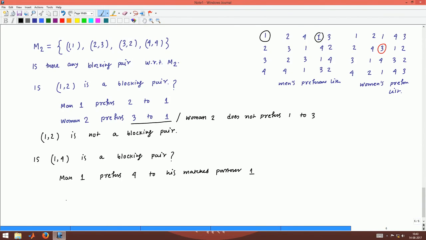Similarly, let us look at woman 4 now. Woman 4 is matched with man 4, and she prefers 1 more compared to her matched partner 4.